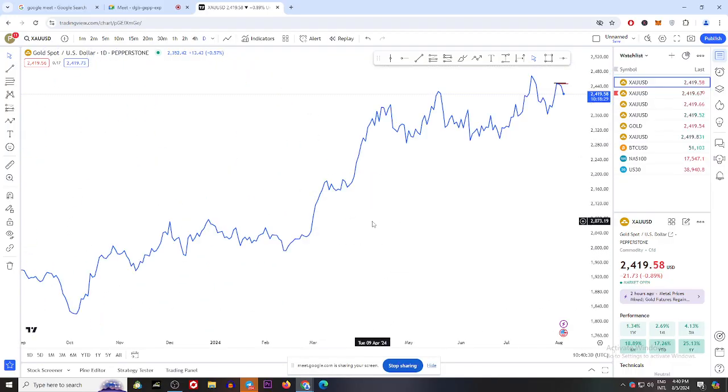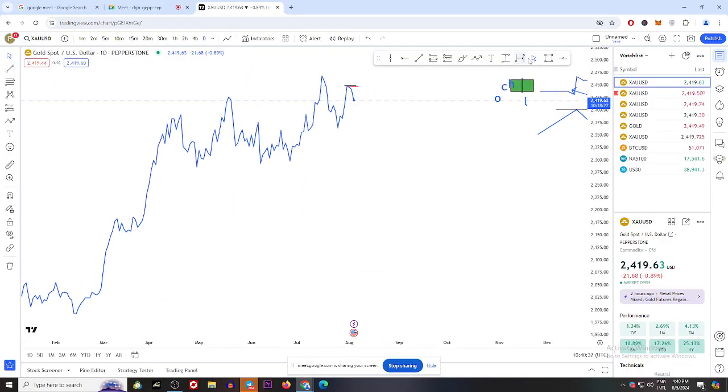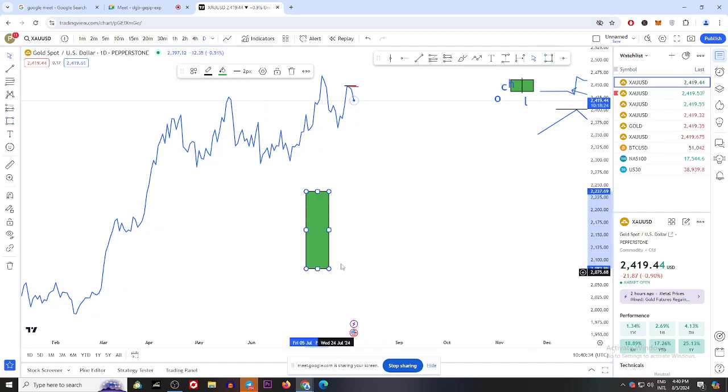The second part: remember what I said, everything in the chart is a combination of color. What is this? It is a green candle.